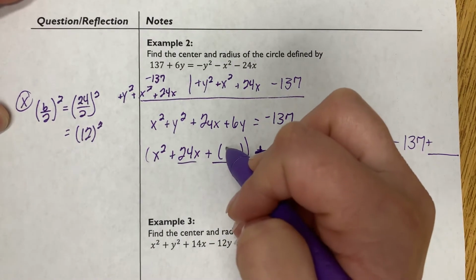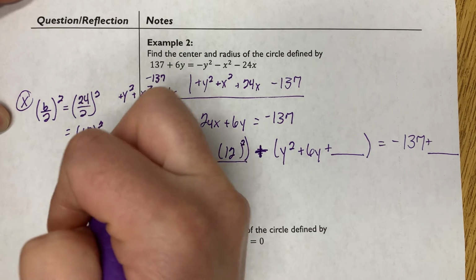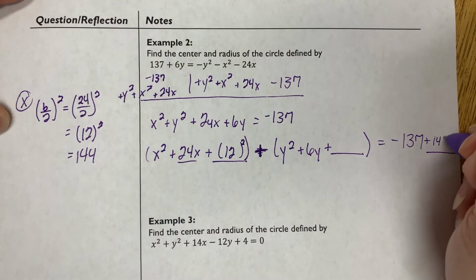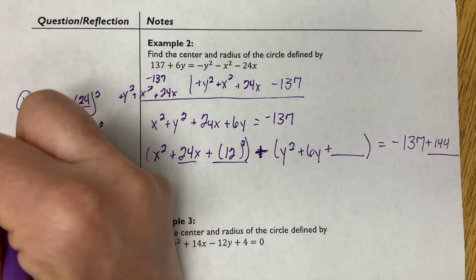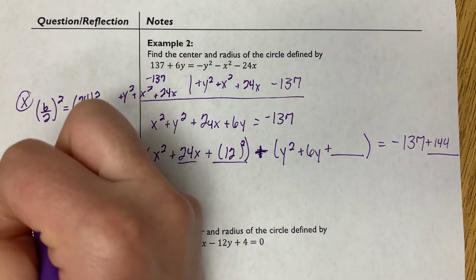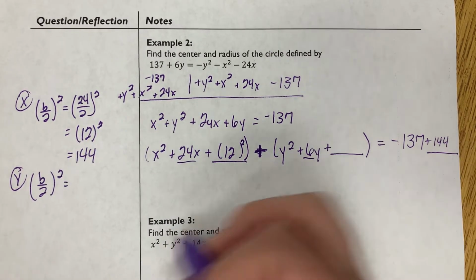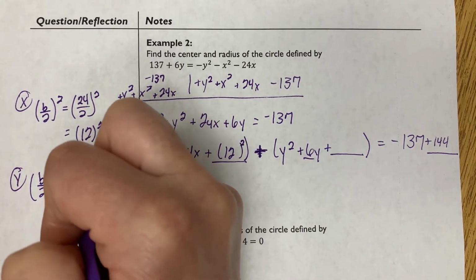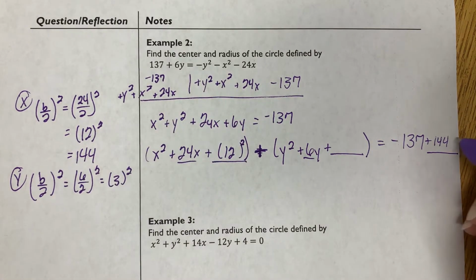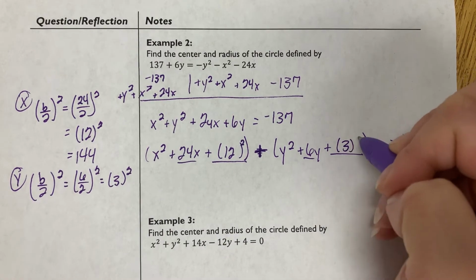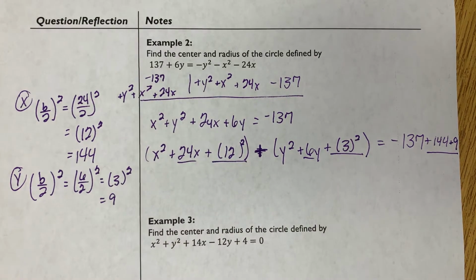So I'm going to add in here 12 squared, but I know that 12 squared is 144, so I'm going to add 144 over on the right. Then for our y, we'll do the same. b divided by 2 squared. And so this one is 6. So that's going to give me 3 squared. So I'm going to be adding 3 squared here, but I'm going to add it as 9 over here.